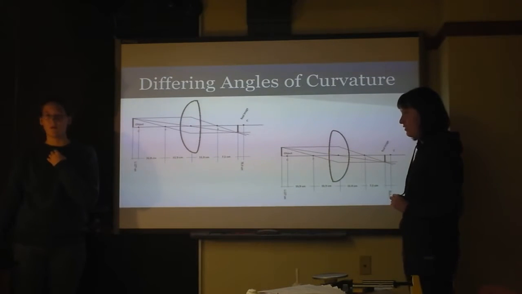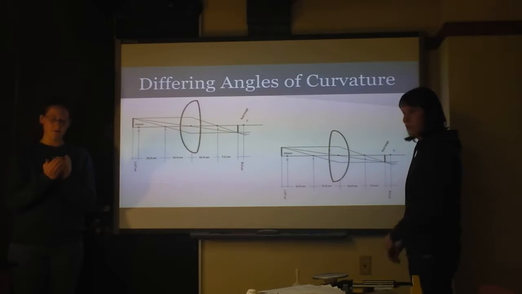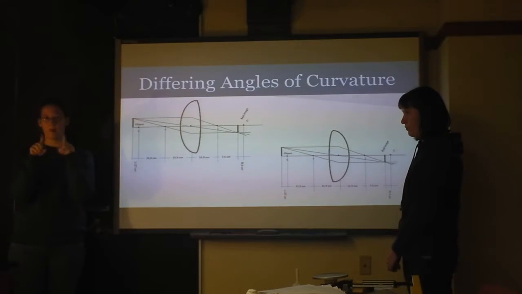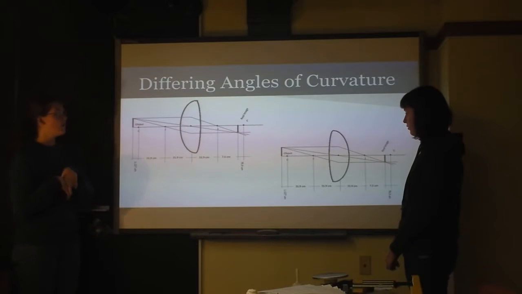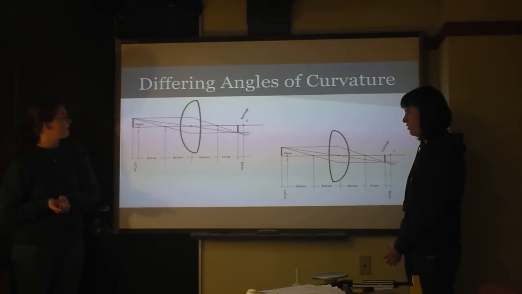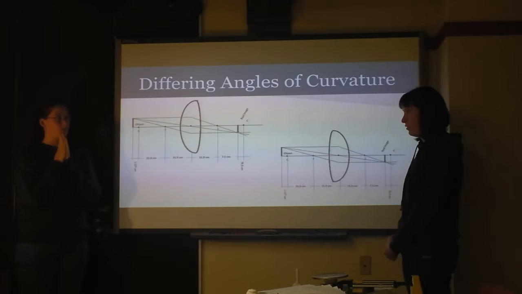So we had one weird lens. Most of the lenses we tested had the same amount of curvature on both sides, but this lens was flatter on one side, although it still curved out. So it worked essentially the same way as a converging lens because it is thinner on the outside than the inside.